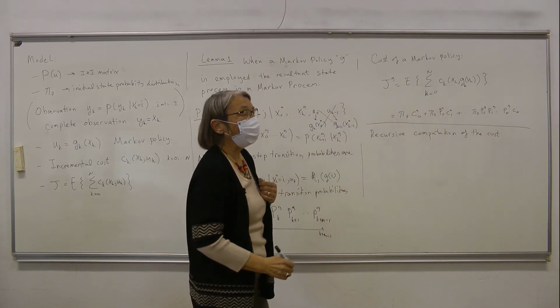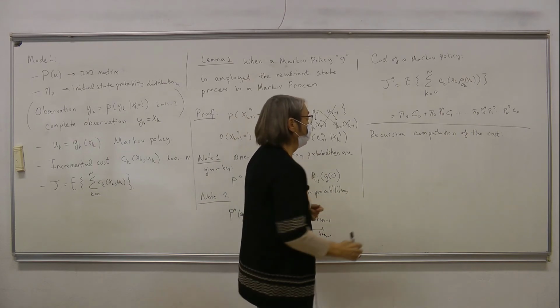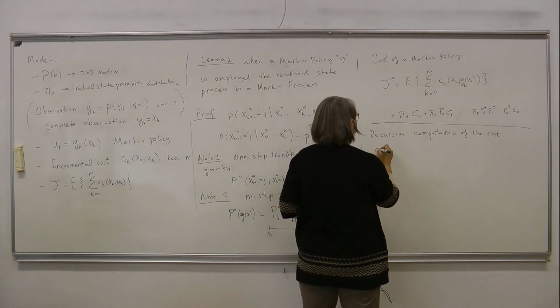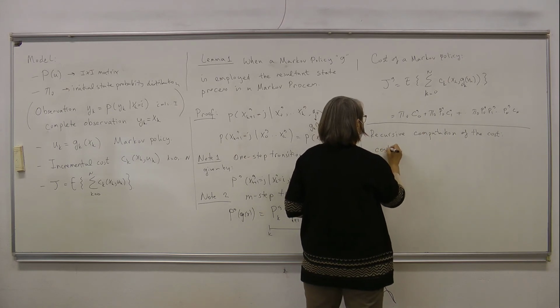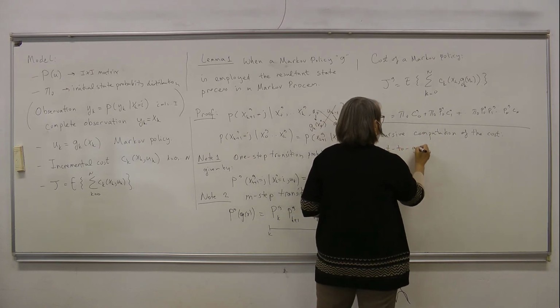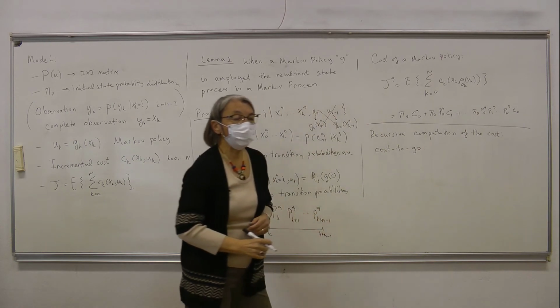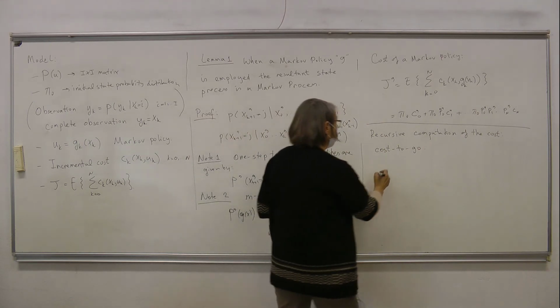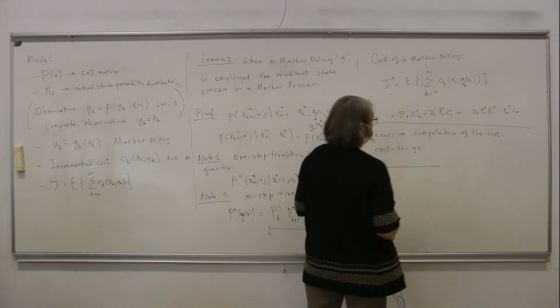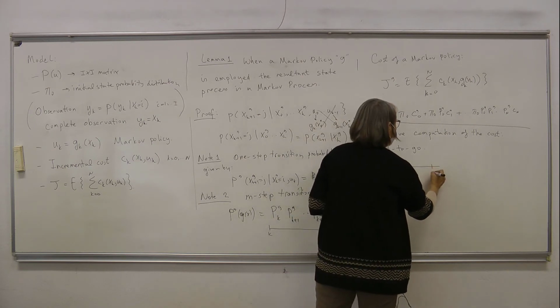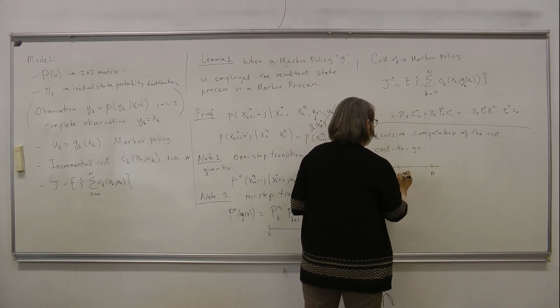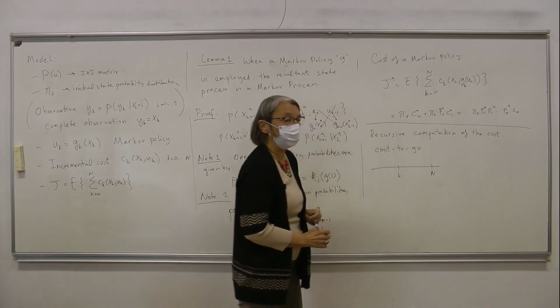Okay, for that we will define a concept which is called cost to go. The cost to go concept is something like that. We have a timeline here. This is the final time n, and say that the current time is equal to k.